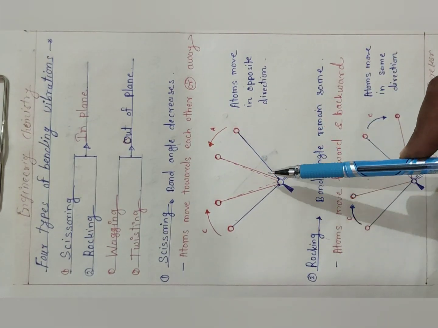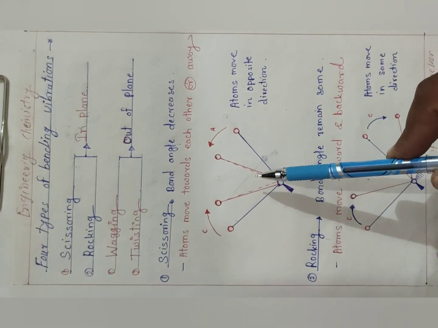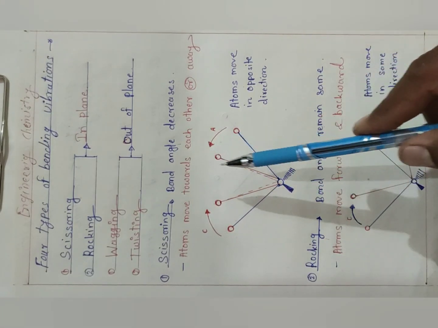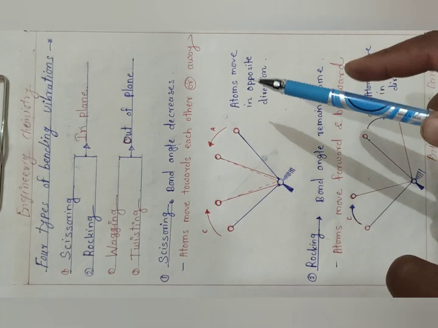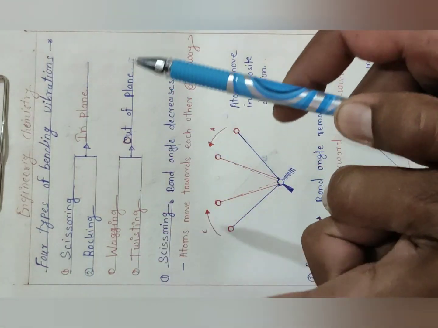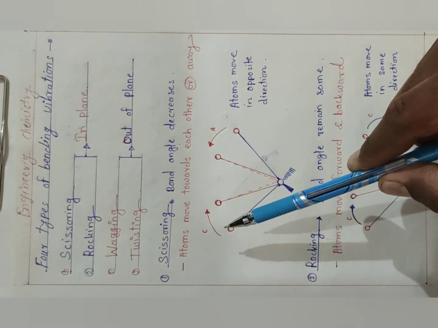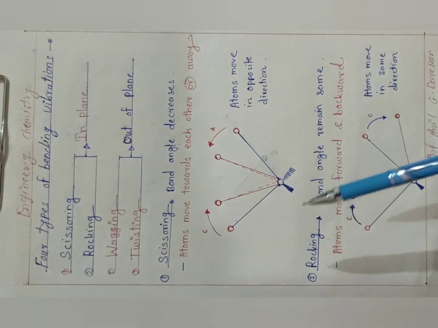You can see this is the original bond angle and this is the new bond angle after movement. So in scissoring, bond angle decreases as atoms move towards each other or away from each other, one clockwise, second anti-clockwise.